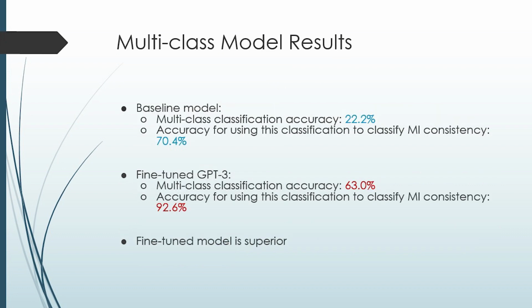You can see how the multi-class task is a lot harder by looking at the baseline model accuracy. The per encoding accuracy is only 22%, and if used as a binary, it's 70%. However, after fine-tuning, it reached a per encoding accuracy of 63%, and as a binary, 92.6%, which is pretty impressive.